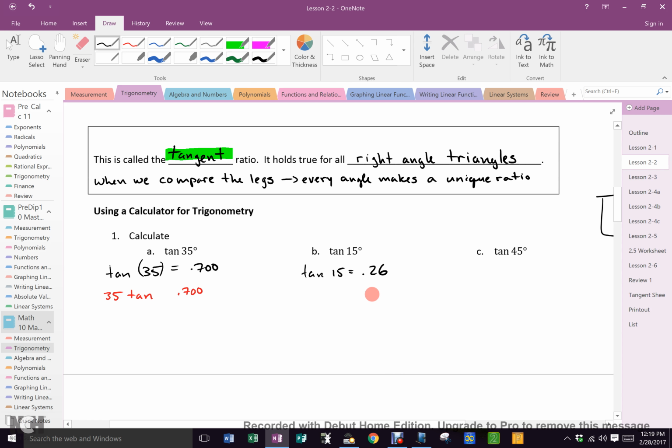All right, now stop for a second. 35 got me 0.7. 15 got me 0.26. What should 45 get me? Before you push a button, will it be bigger or smaller than 0.7? Bigger. Excellent. And what is it? 1. Is everybody cool? Everybody can do that with their calculator?